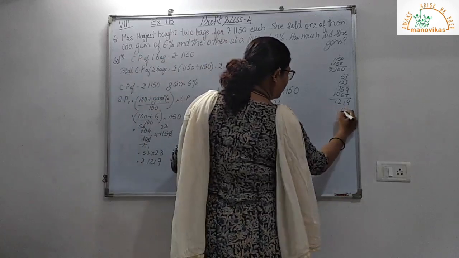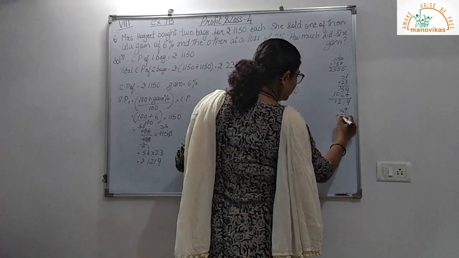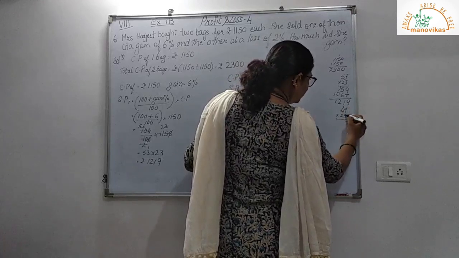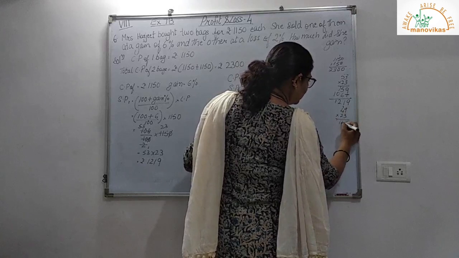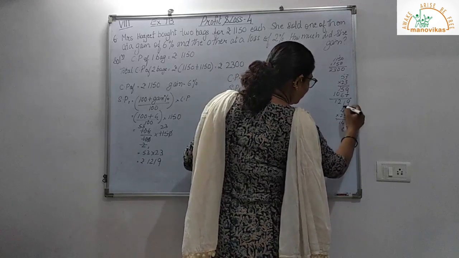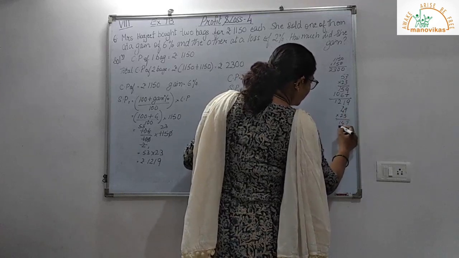So 49 into 23 will give you: 3 9s are 27, carry 2, 3 4s are 12, 14, so 147. Then 2 9s are 18, carry 1, 2 4s are 8 and 1 is 9.